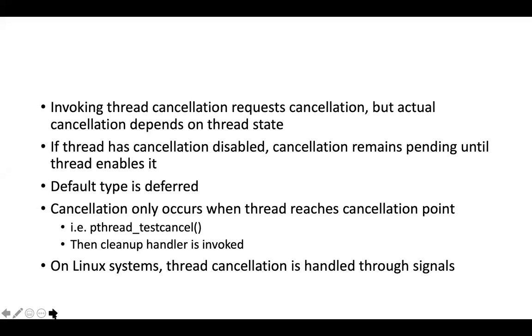But the default type is deferred, just like we said. It keeps checking periodically to see if it can terminate it or not. The cancellation will normally occur when the thread reaches the cancellation point. And there's that command, pthread_testcancel, that can be invoked.